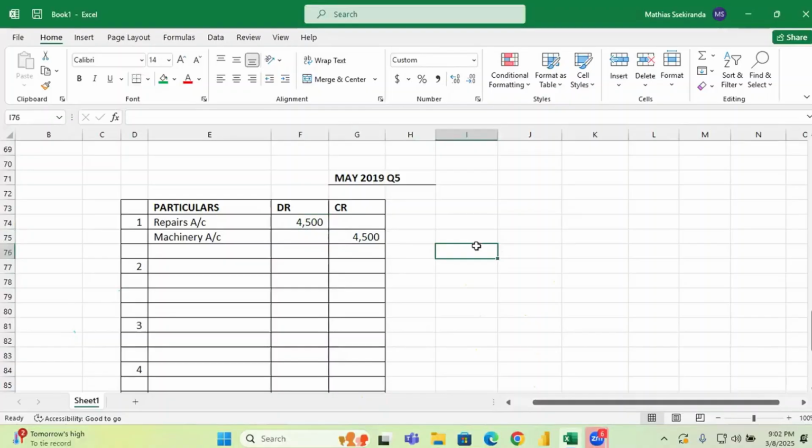Repairs of 4.5 had been posted to the machinery account, so you reverse it from machinery by crediting the machinery account and then pass the right entry by debiting the repairs account. Are we together on that entry?